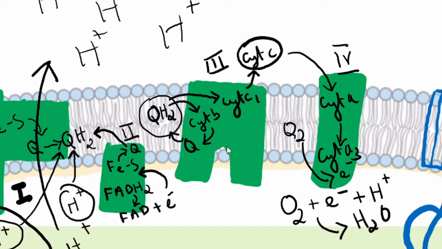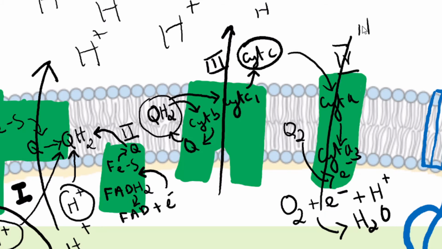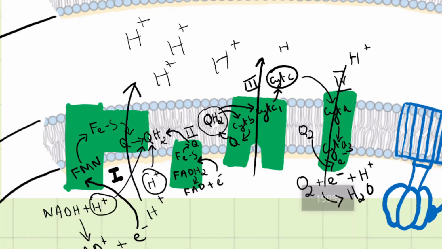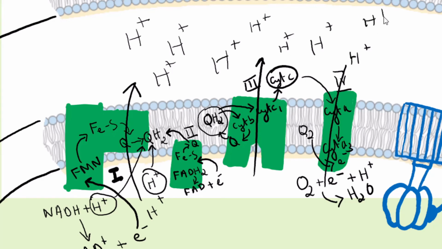At the same time, when these electrons are being transferred from these two complexes, more proton ions will be passed on into the intermembrane space. So there will be a build-up of protons in the intermembrane space, which makes the intermembrane space positively charged while the matrix becomes negatively charged, and hence there is a concentration gradient.